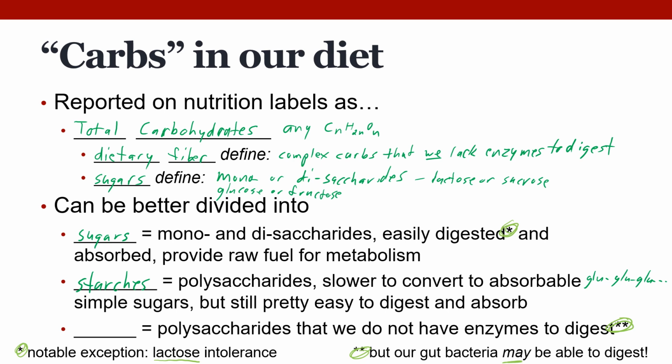These are used by plants to store energy in their roots or in their fruits or in other vegetable sources. These are very easy for our body to chop off one glucose or two glucose at a time using the enzyme amylase. But if you can imagine something that's thousands of glucoses long, it takes a little bit longer to break this down into absorbable sugars.